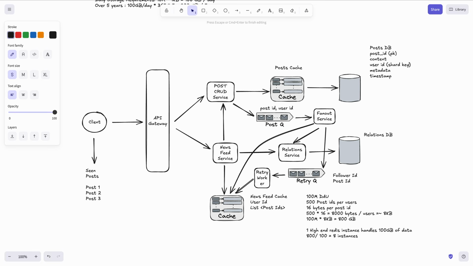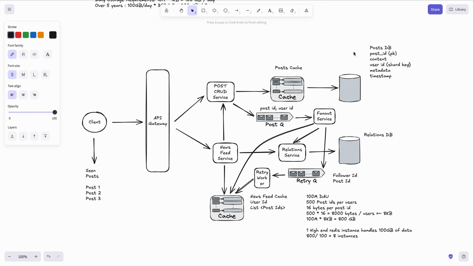By sharding by the user ID, we can ensure that all of a single user's data resides on one server. So when a new post is created, the PostGrid service will take the user ID and apply a hashing function to get the hash value, which will tell which specific database server to write the post to.